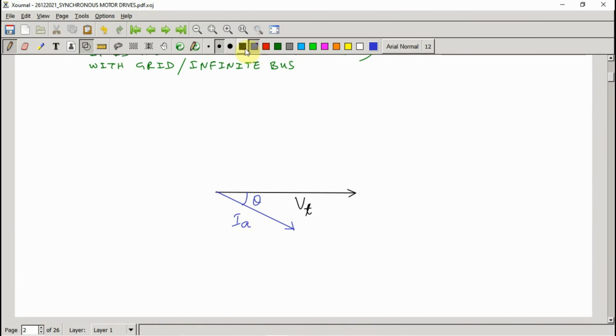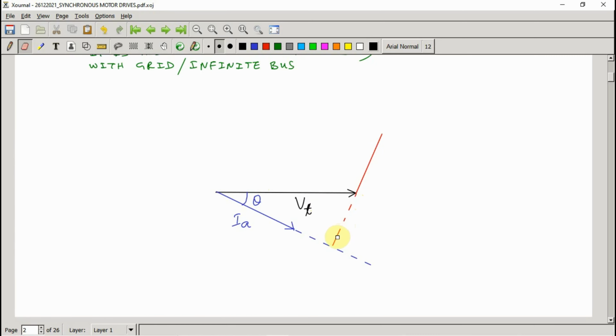So let me indicate the reactive voltage drop up to this point. The reactive voltage drop will be in quadrature with the armature current, so I am going to draw that. Which one is your reactive voltage drop?